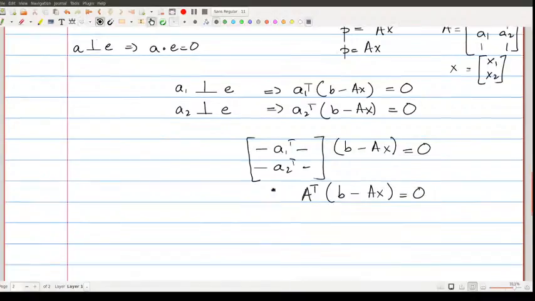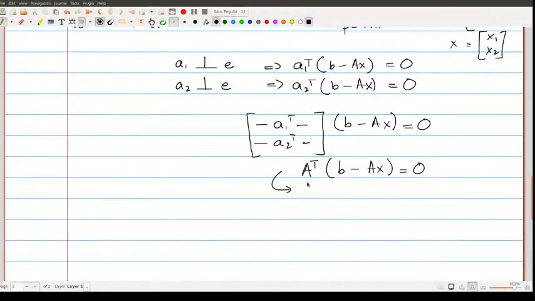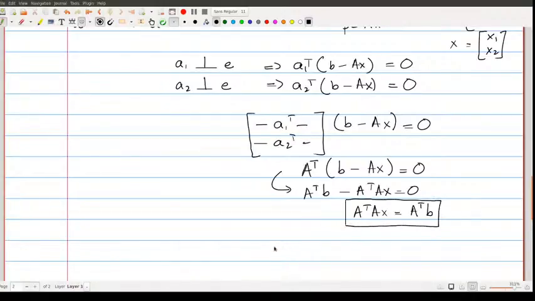And at this point, we're ready to see that this equation simply becomes A transpose B minus A transpose AX equals 0, which gives me the equation A transpose AX equals A transpose B. Okay, these are the normal equations in matrix form.